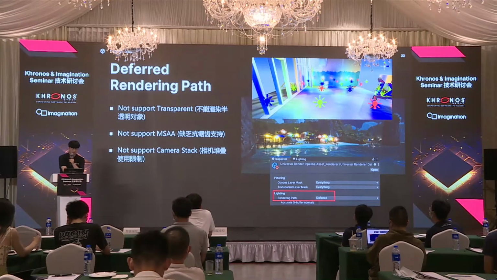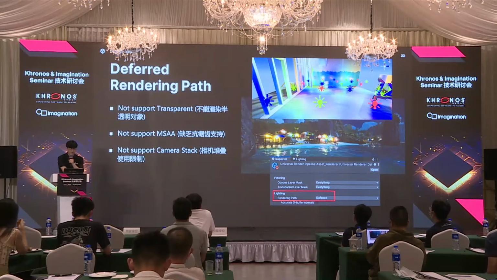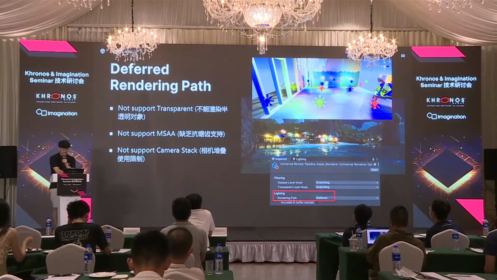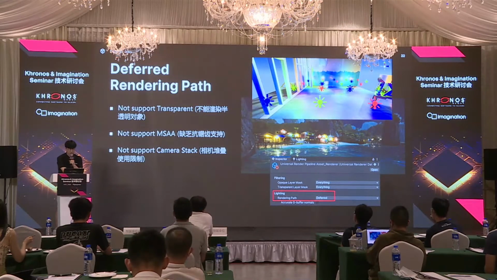However, deferred rendering is not going to solve all of the problems. It's not omnipotent. It still has some limitations. What are those? First of all, it lacks anti-aliasing support.